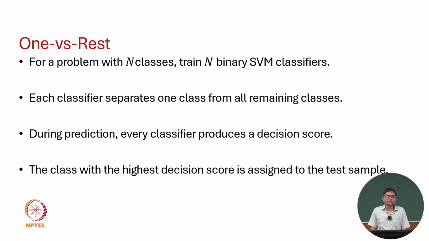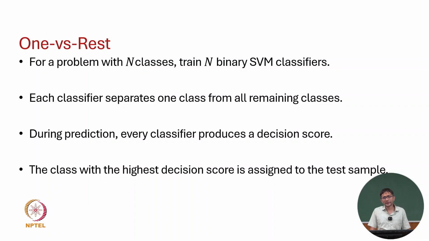Okay, so one straightforward approach is designing one versus rest classifiers. That is, if we are given a problem with n classes, we can train n binary SVM classifiers such that each classifier separates one class.